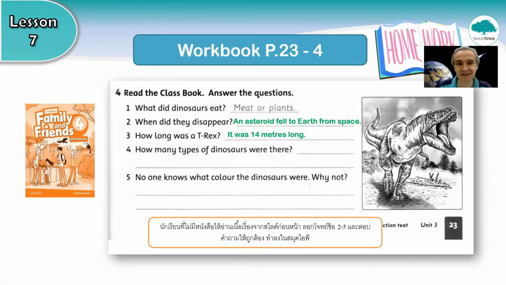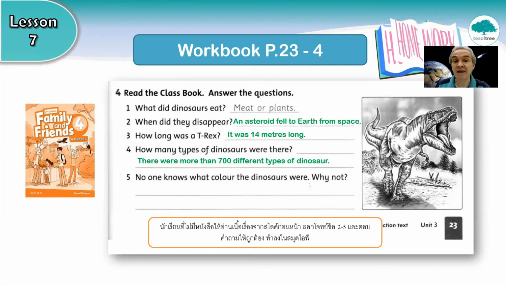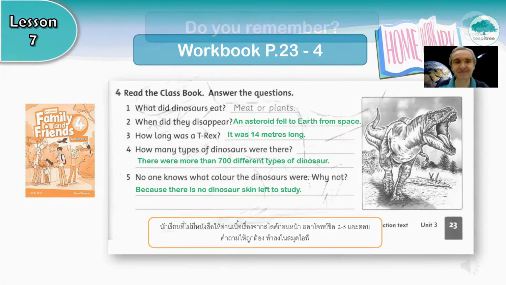How many types of dinosaurs were there? More than 700 different types of dinosaur. And no one knows what colors dinosaurs were. Why not? Because there is no dinosaur skin left to study. So well done if you got those all correct.